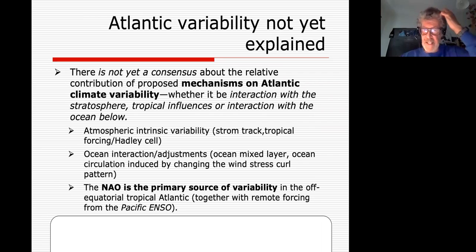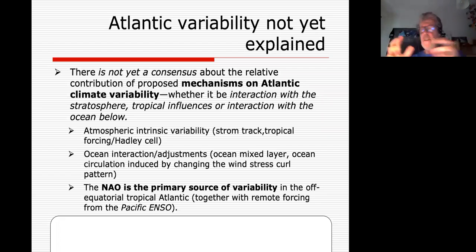Or which is the role of the ocean interaction, the adjustment to this atmospheric variability, mediated by the dynamic of the ocean mixed layer, or the response of the ocean to the changing wind stress curl pattern due to the changes in atmospheric circulation. Also, we understood that the NAO is a primary source of variability of the equatorial tropical Atlantic, possibly related to the remote forcing or teleconnection with Pacific ENSO.